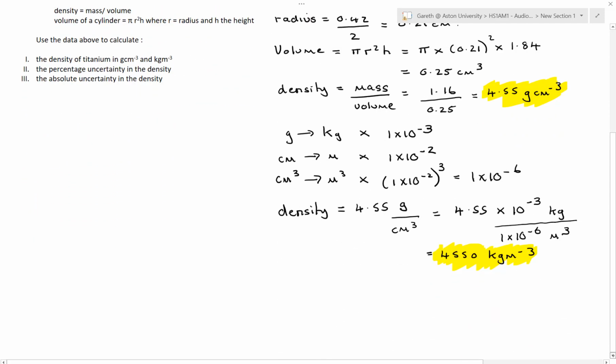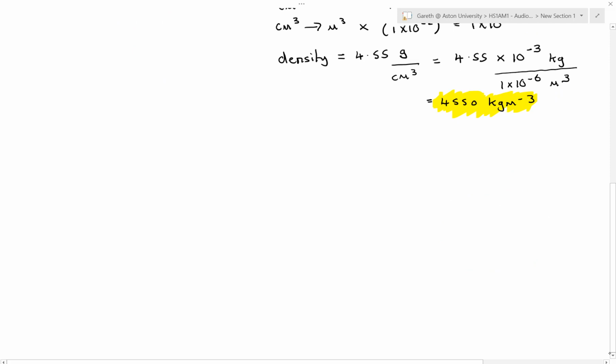So, to calculate the percentage uncertainty in the density, we need to recall that density is equal to mass over volume. And when we do division, we have to add our percentage uncertainties. So it would be the percentage uncertainty in our mass plus the percentage uncertainty in our volume.